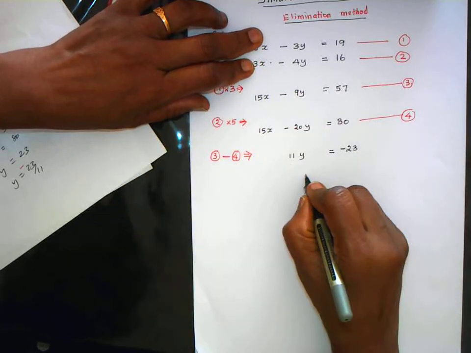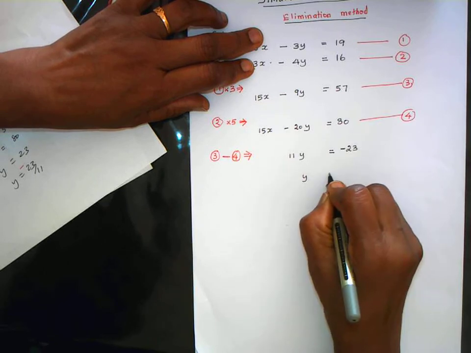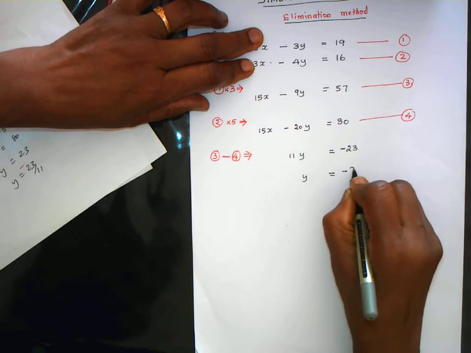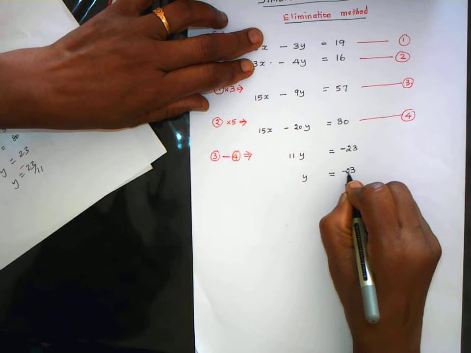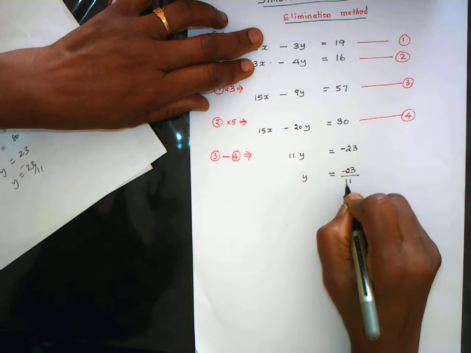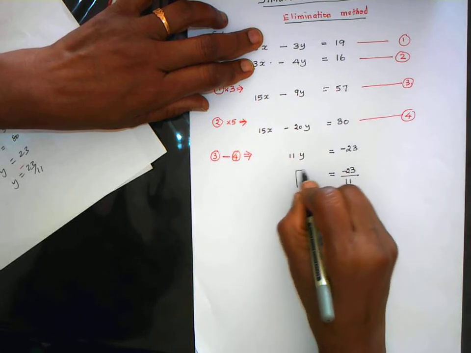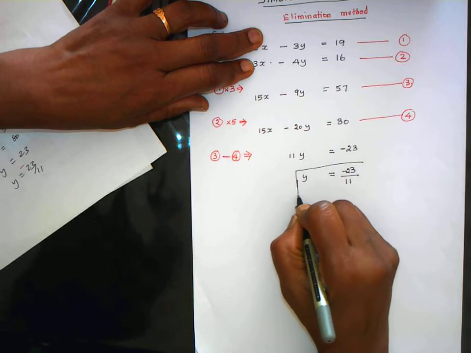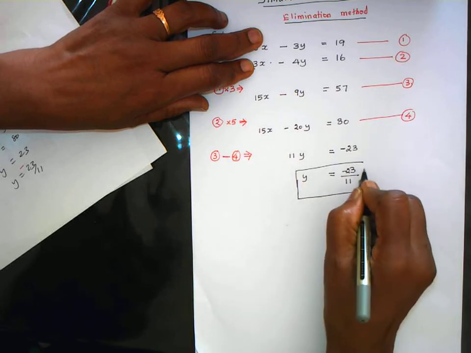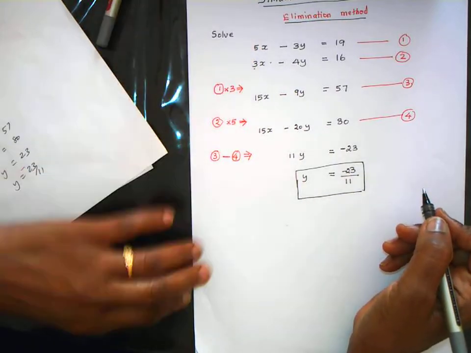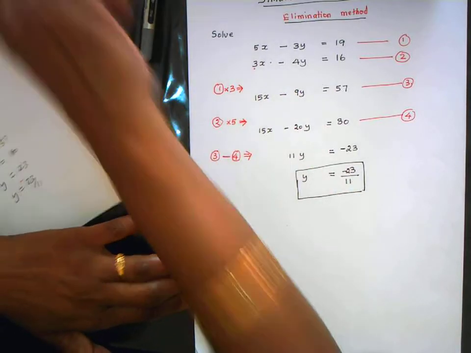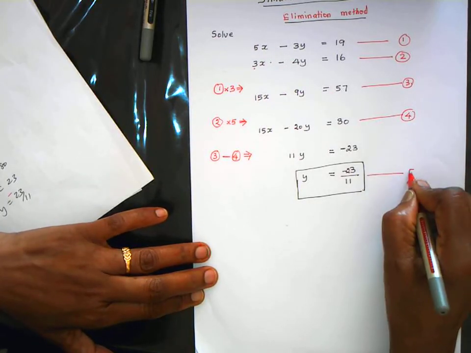Dividing both sides by 11 gives you y equal to minus 23 over 11. That is your answer. This is your y value. I'm going to call this 5.